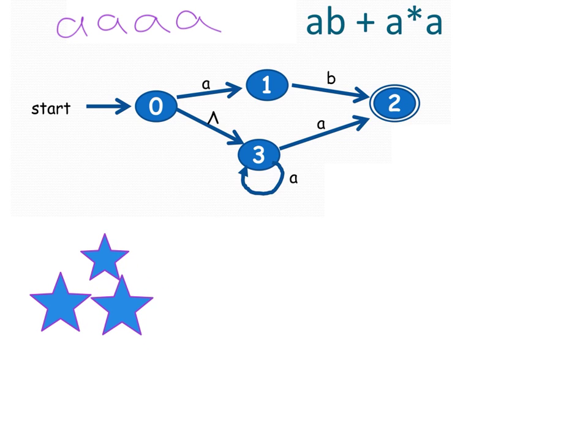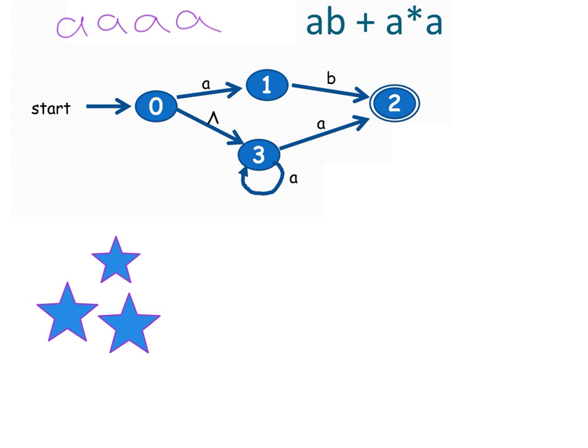The magic way of thinking about how an NFA processes a string is you just say, okay, the NFA always guesses right. So when we are processing this string with 4 A's, we start at state 0 because that's the start state.